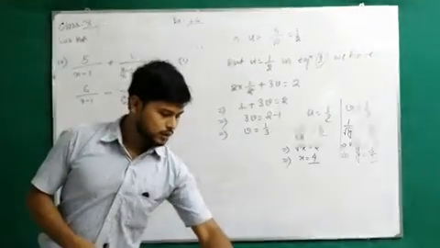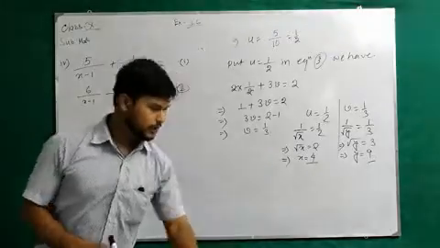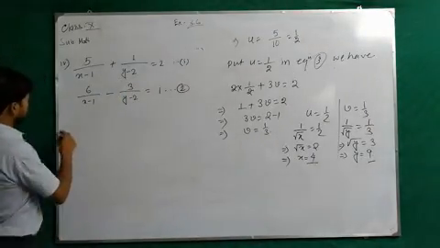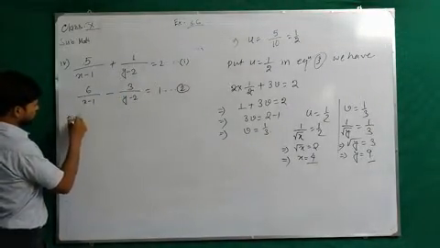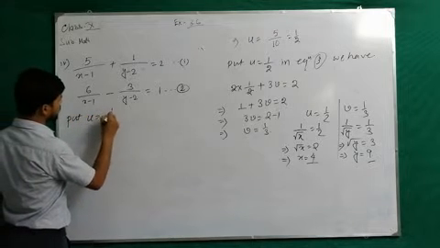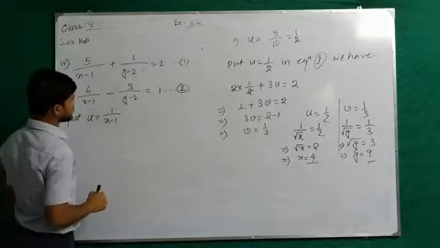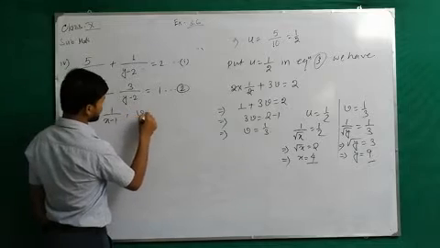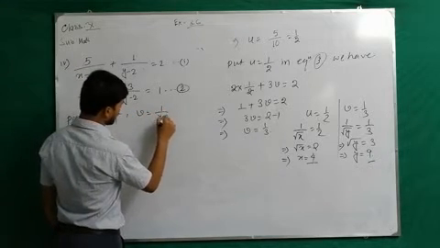We'll solve the equations by elimination method. So for that, we'll put u equal to 1 by x minus 1 and v as 1 by y minus 2.